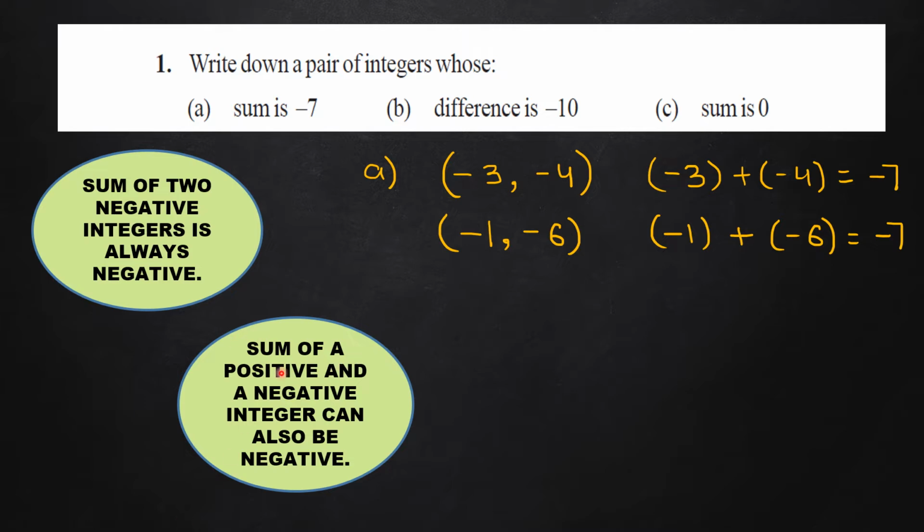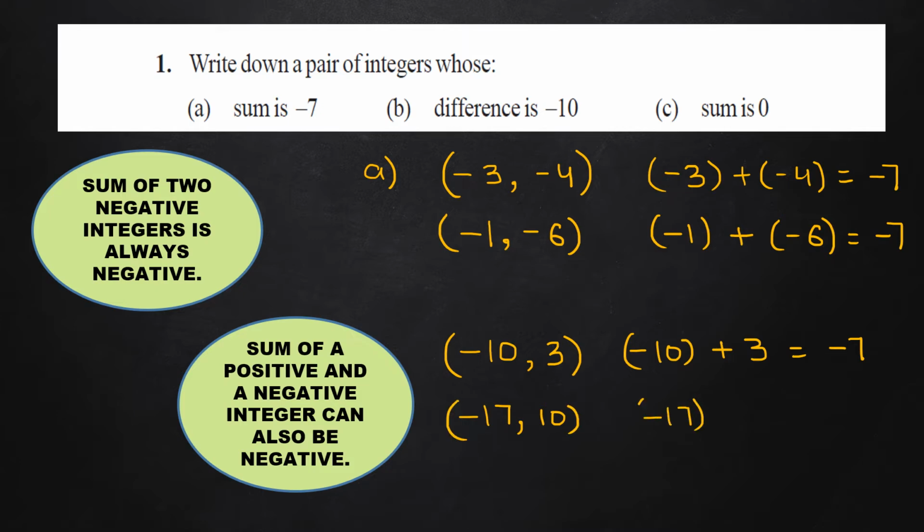Secondly, we can notice that the sum of a positive and a negative integer can also be negative. So let us take an example from that category also. Now if we take minus 10 and 3, take the sum, minus 10 plus 3 gives us minus 7. Let's take minus 17 and plus 10.